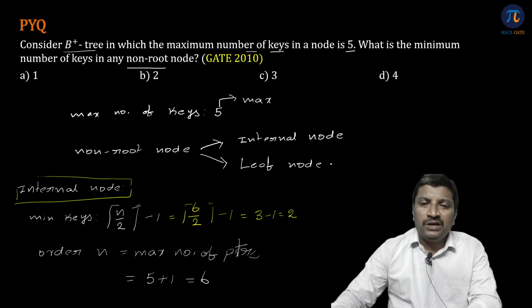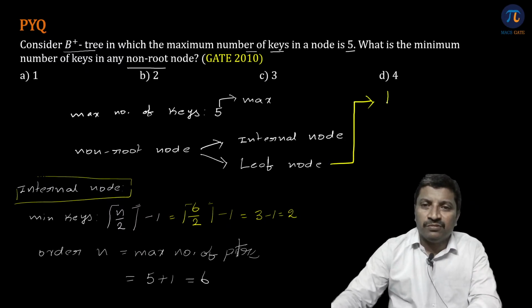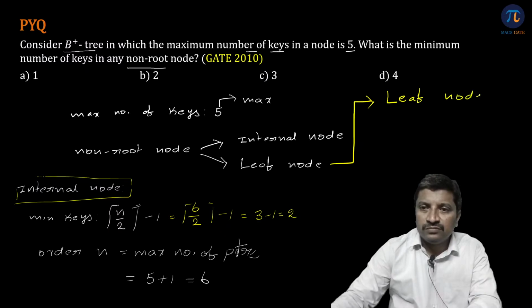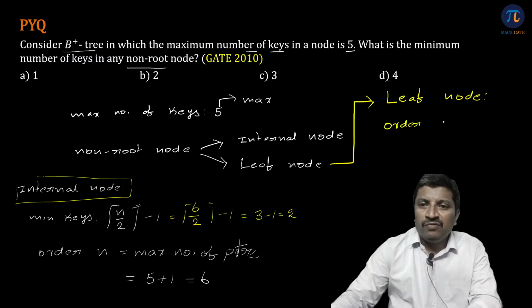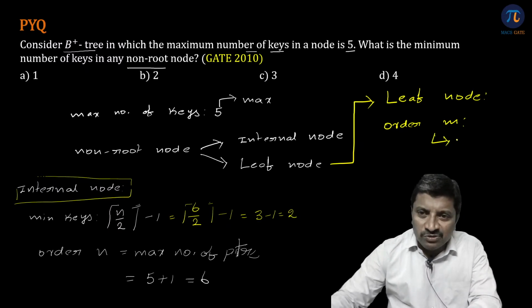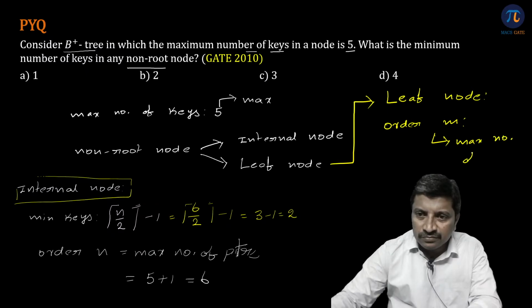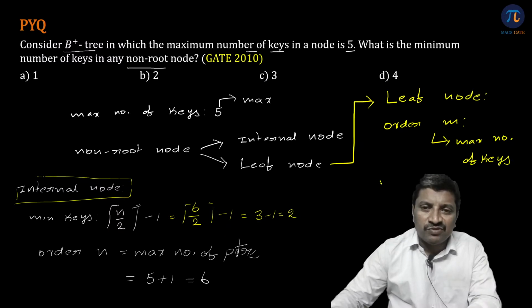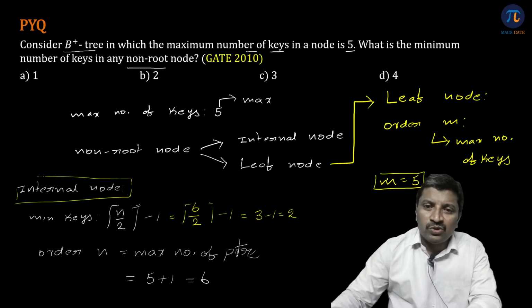Hope you understood it. Now let us suppose that it is a leaf node. Whenever it is a leaf node, what is meant by order m? This is maximum number of keys. In this case, what is maximum number of keys? That is 5. Now the question is, what is the formula for minimum number of keys?